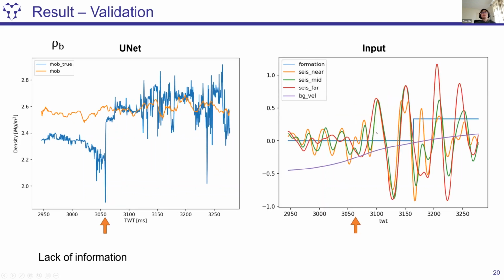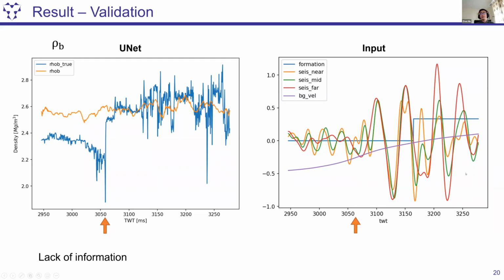So why can't we predict the big jump over there? I think the biggest issue is that we lack information in the input, or at least the model cannot pick that information up. Here on the left is a result you have seen before, and on the right is the input we feed to the model. From this figure, you can't really tell where the big jump is.